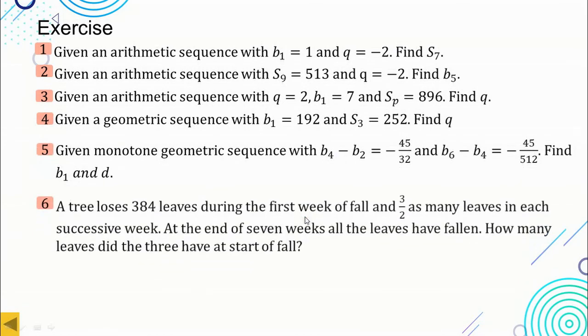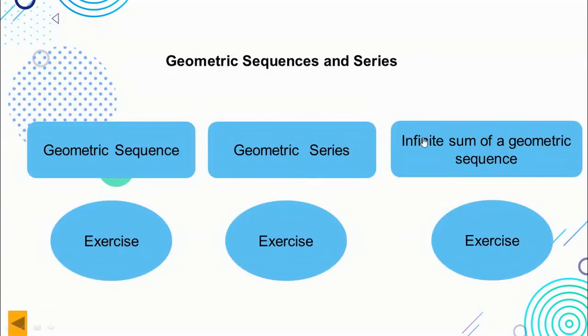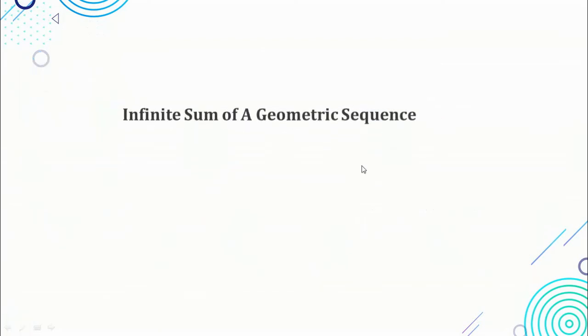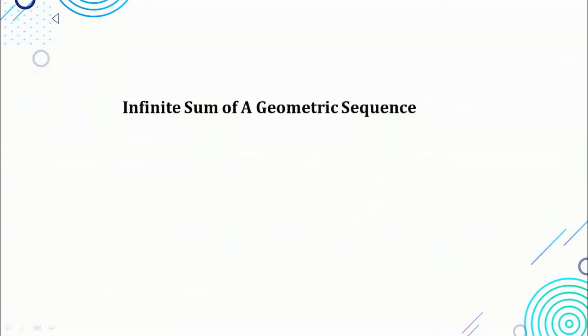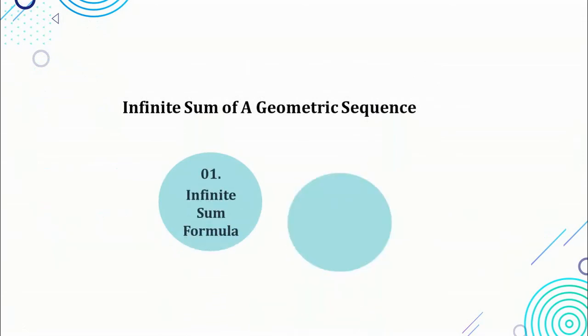Okay, for now, let's jump to the infinite sum of a geometric sequence. Like in the introduction to number sequences, we already learned the types of sequences. It's infinite. Infinite sum formula, and then apply problems too.